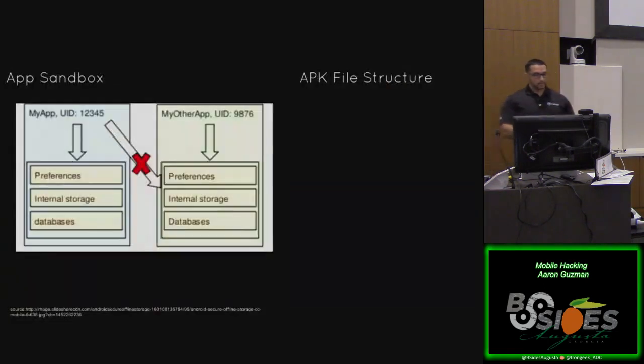So the sandbox, and I kind of mentioned it already, is similar to the Linux type of permissions. Again, discretionary access control, not mandatory access control, meaning mandatory access control can be more stringent, like SELinux, for example. Discretionary means if you allow the user ID 12345 to access 9876, then that'll be allowed if you allow it explicitly.